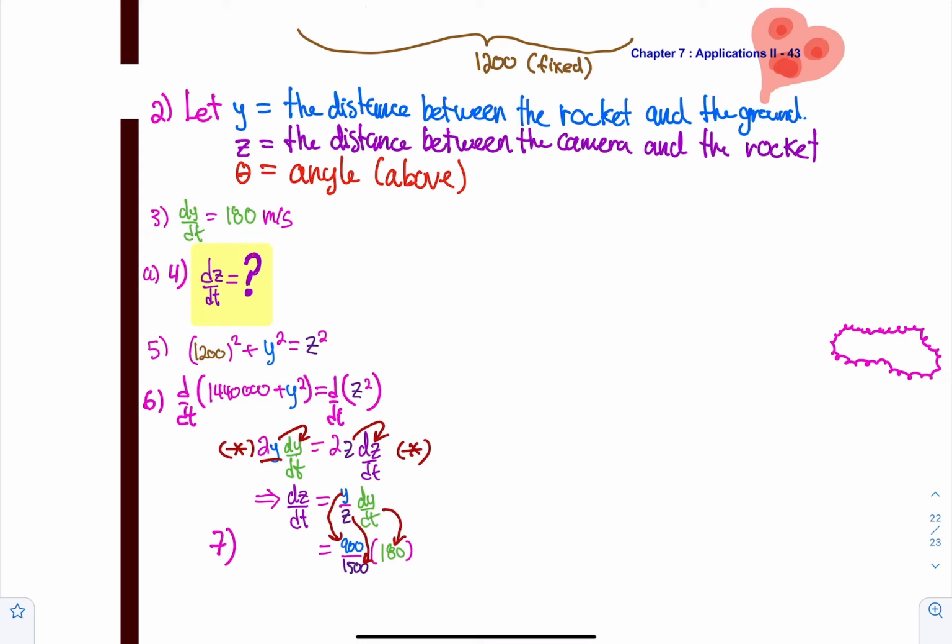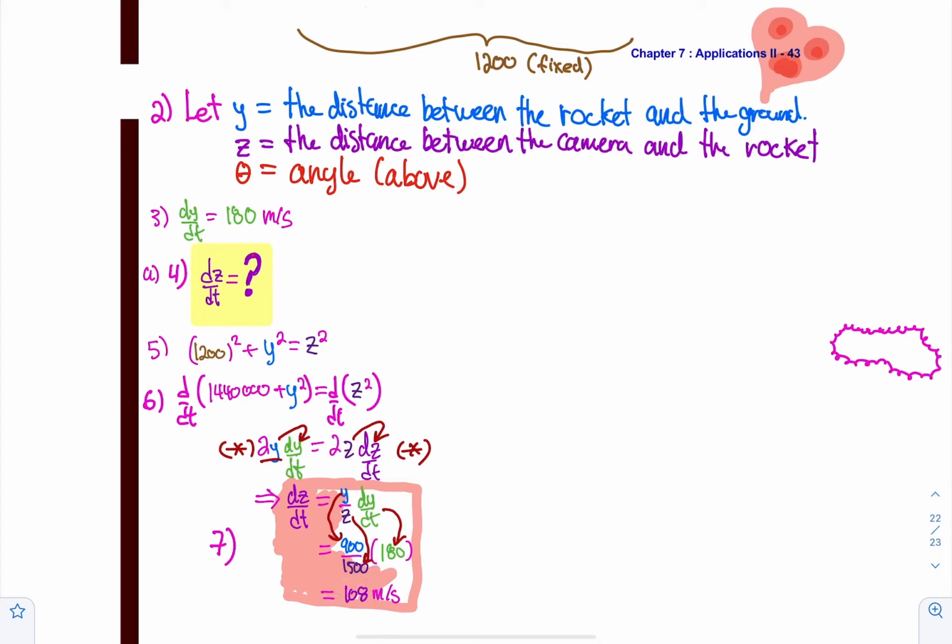If you compute this number, poof, you're going to get 108 meters per second. So that's the rate of change of the distance between the camera and the rocket, also known as the relative speed between these two objects.